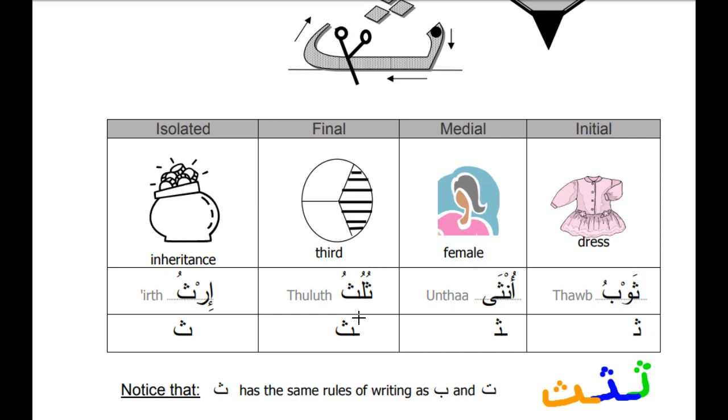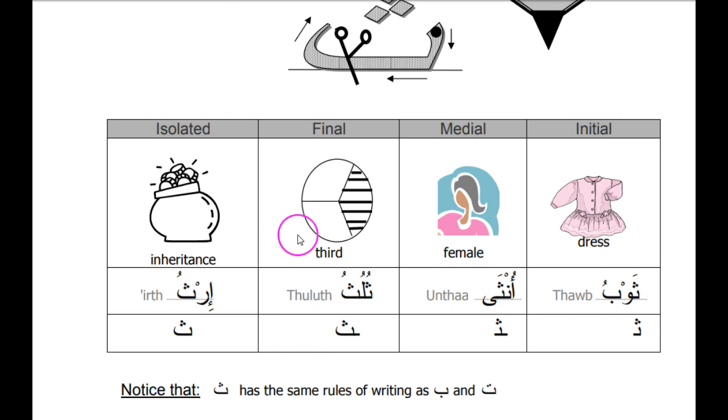In this case, since we are reading words on their own, it's the same rule. We just stop. So we just say thuluth, thawb. Here we see a dhamma, so it would be thawbu, but we just read it thawb. And then when it's on its own, we have the example of irth, which means inheritance. Irth. Thuluth means one third.